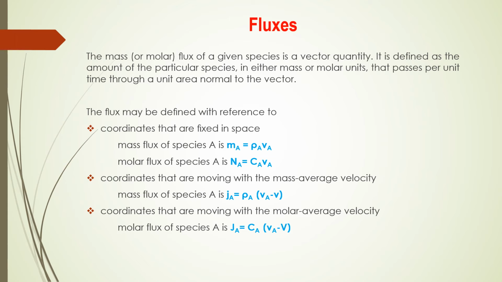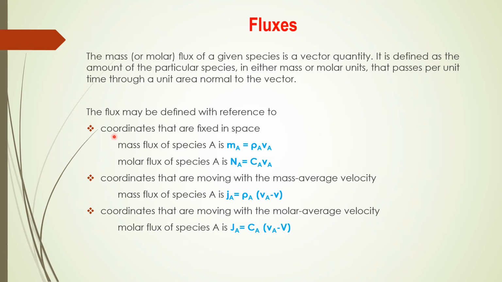Okay, now we will define flux. So the fluxes, either it can be written in terms of mass quantity or molar quantity. So it is a vector quantity and it is defined as the amount of particular species that passes per unit time per unit area. So in three ways we can write the flux.